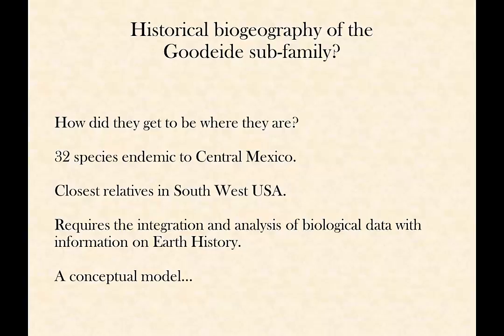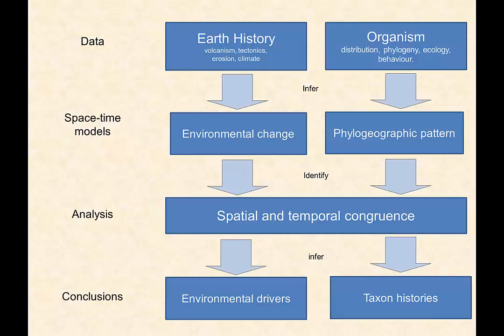To answer this question, we've got to bring together information on the biology of the species with information on the history of the Earth. And just to give you a conceptual model of how we go about this, in the broadest sense, not a particular methodology, but a broad conceptual approach: we've got information on Earth history, volcanics, tectonics, patterns of erosion, climate, things that affect rivers and fish.